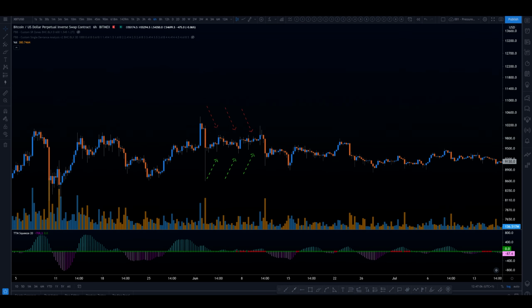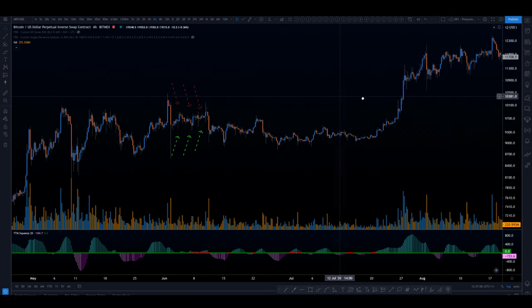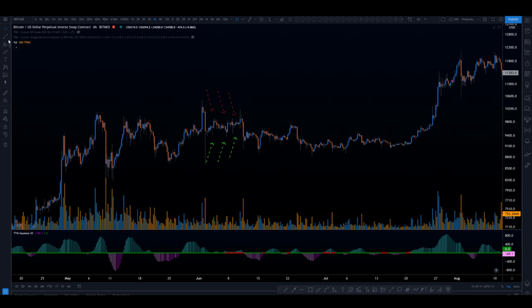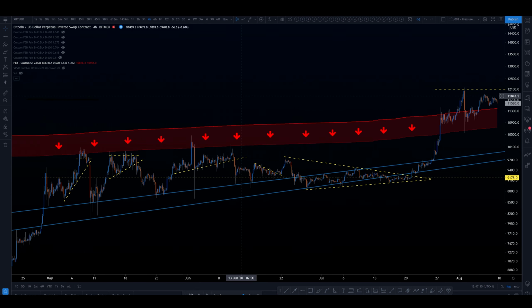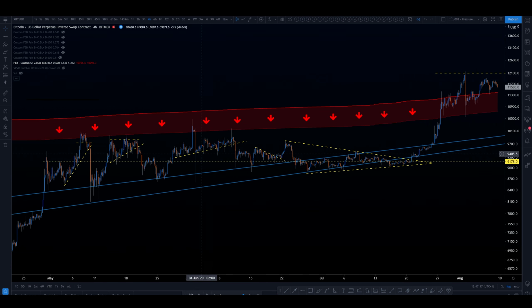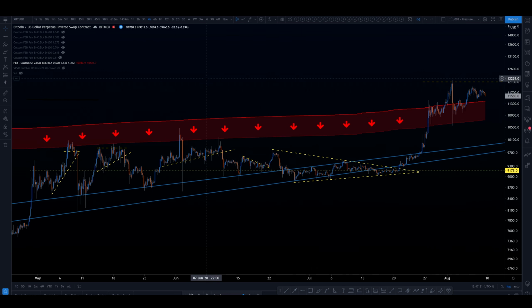Okay, maybe I can show you here. It's the same range. You see that volume is decreasing as well. So we are entering a very strong pressure zone as we continue going sideways in this range.